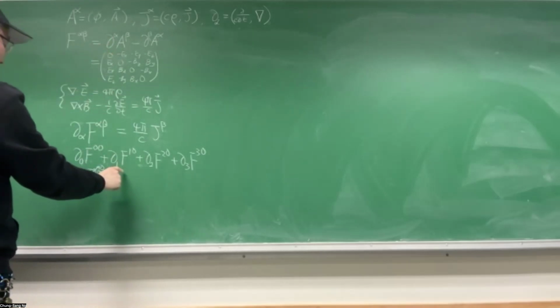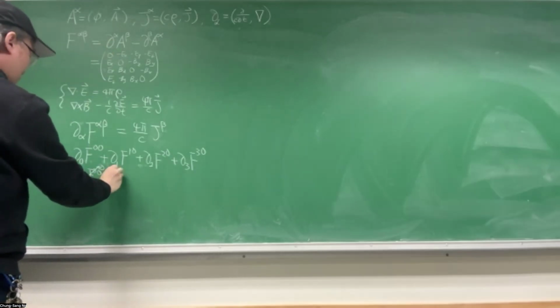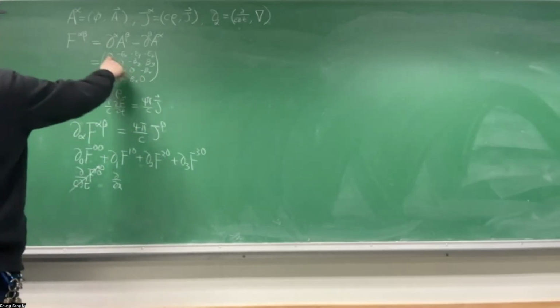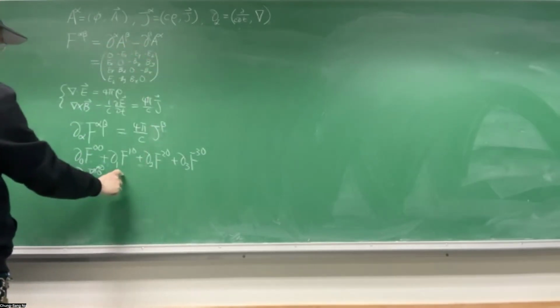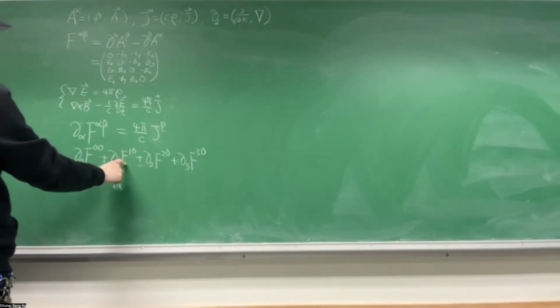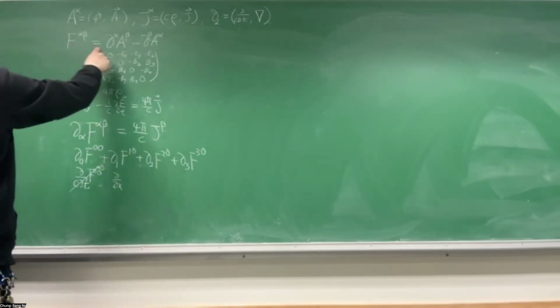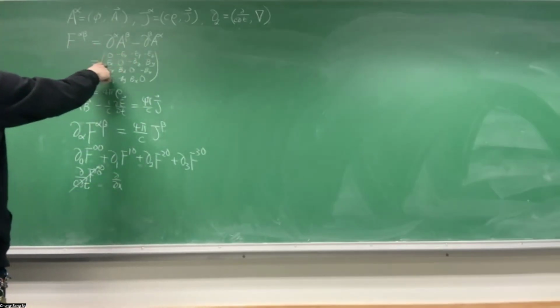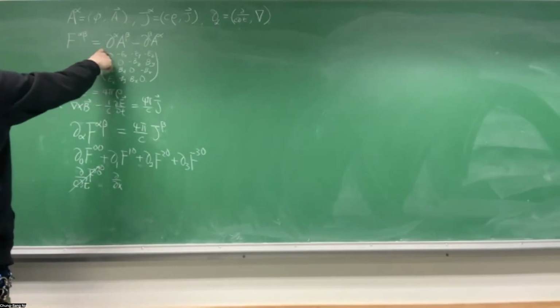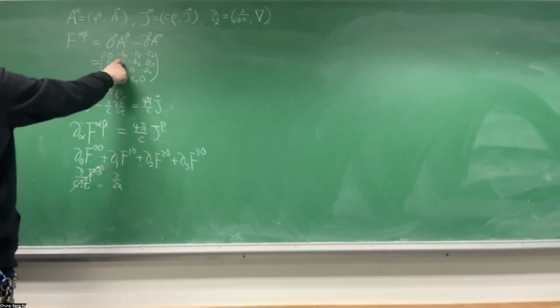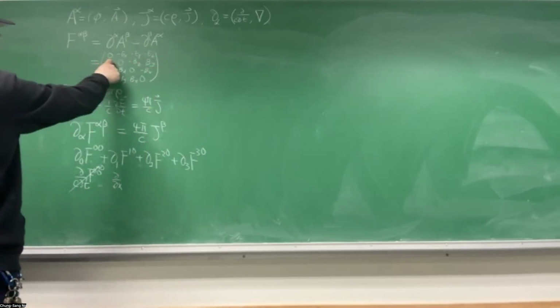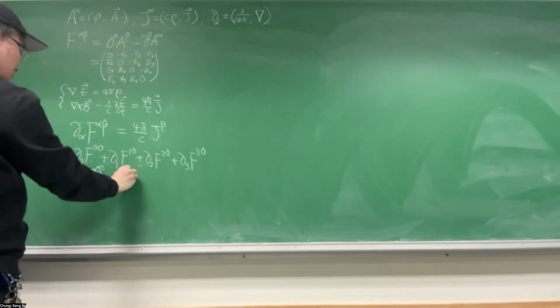Now for this one, partial 1 is just partial x. According to this convention, 0, 1, 2, 3 is t, x, y, z. Partial x, and F10 is this one. 10 is e_x. This is 0, 0, 0, 1, this is 1, 0, 1, 1, and so on. So 1, 0 is e_x.